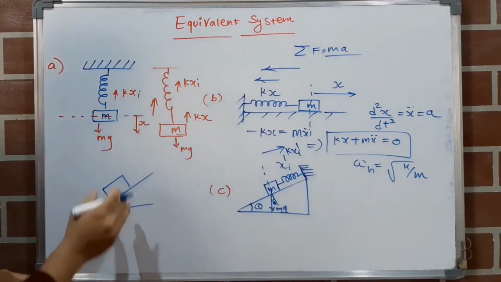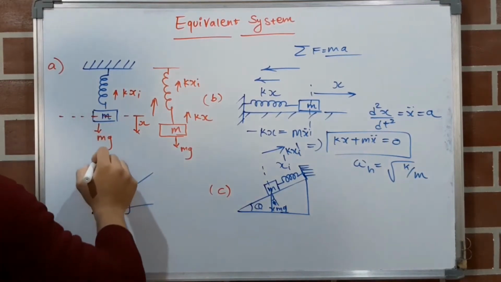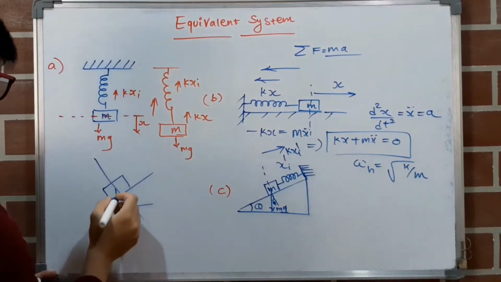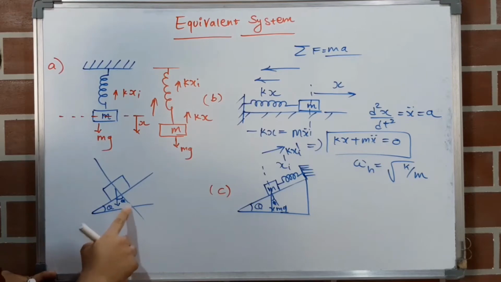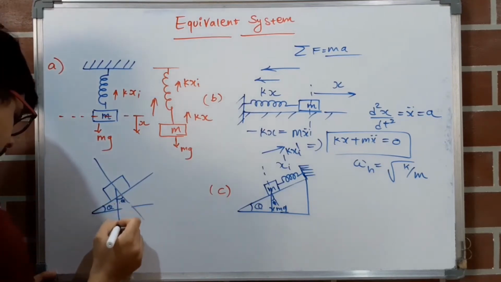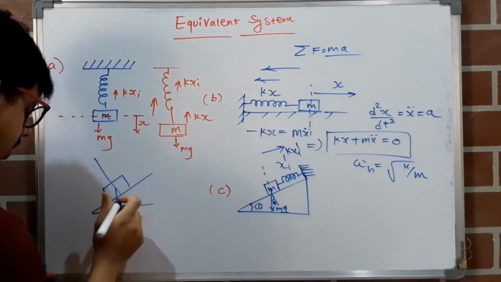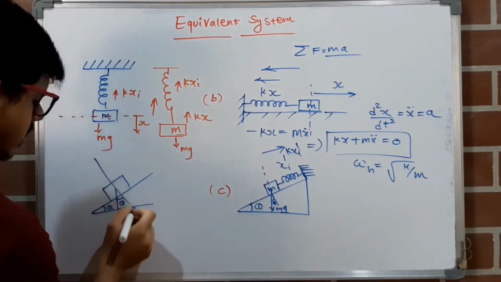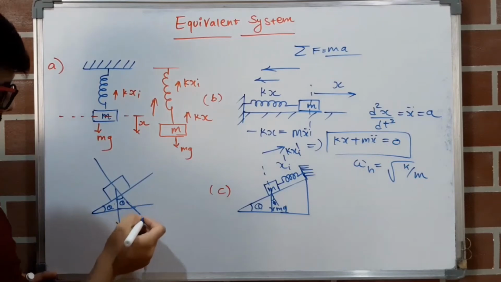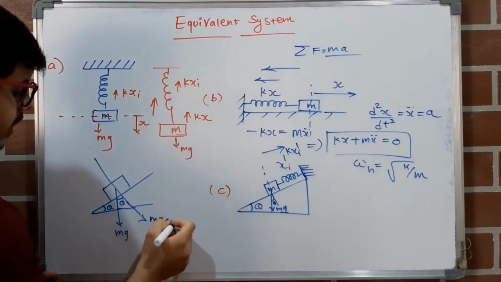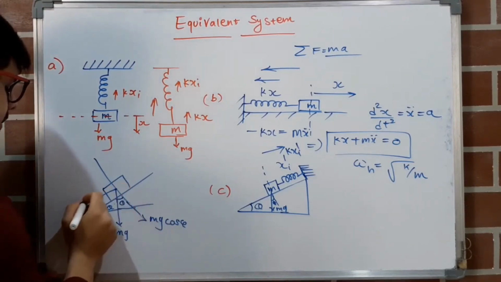So this is mg acting downwards. Now we are getting a normal reaction force like this. So the angle between mg and this extended part will be theta. Okay, so we can resolve this mg into two components, that is mg cos theta here and here mg sin theta.